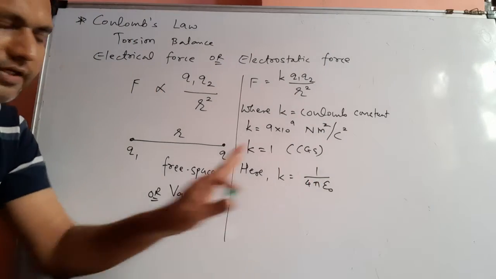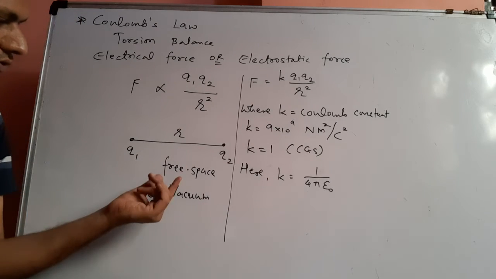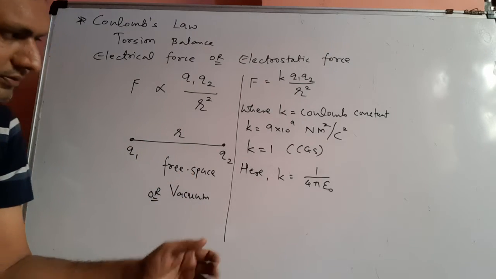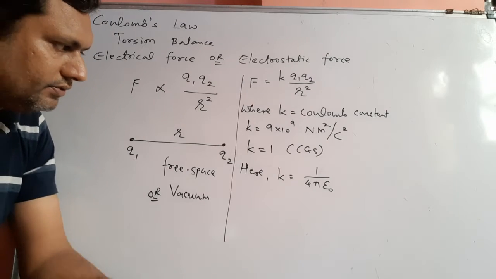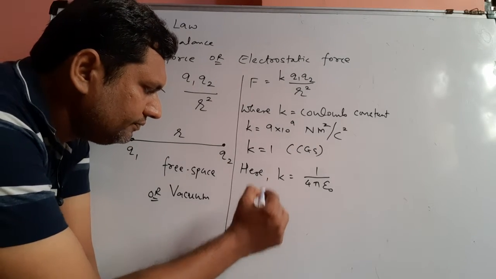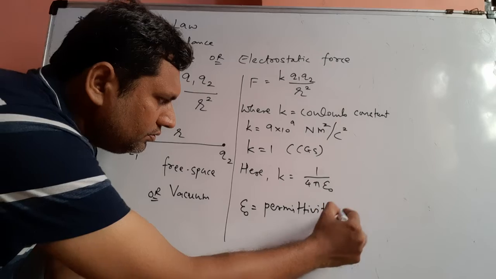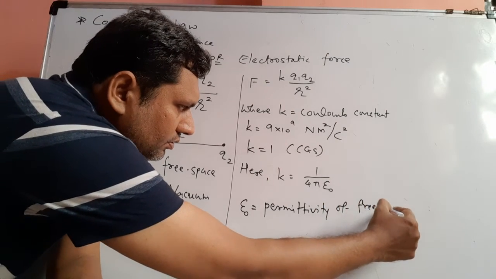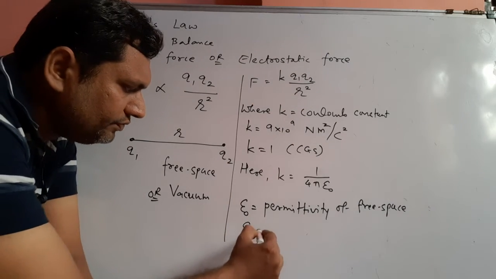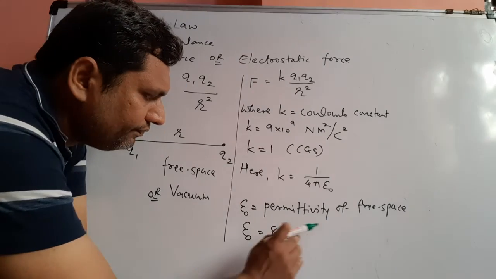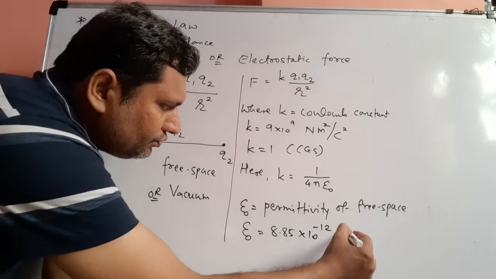See, here 4 pi is constant, but epsilon naught is the permittivity of the intervening medium between the two charges. Here epsilon naught is the permittivity of free space, and its value is 8.85 into 10 raised to minus 12.